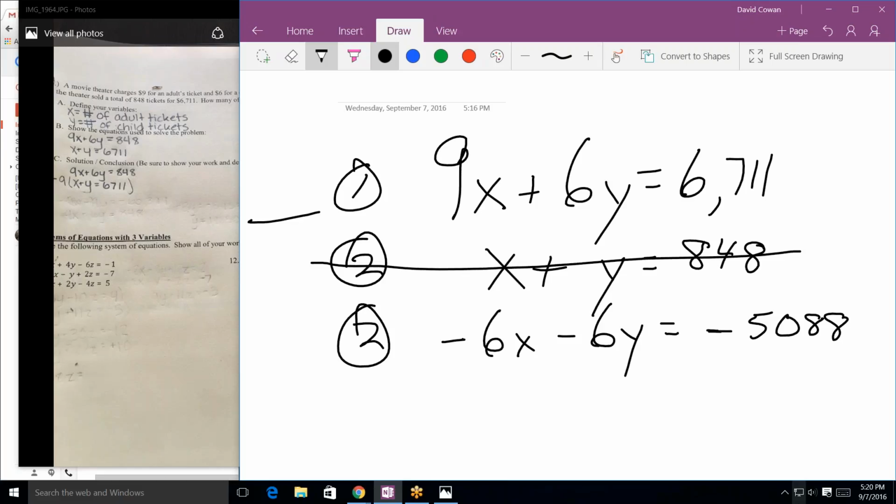Otherwise, you're just bombarded with equations in your face and it's confusing. Now what? Now we would add. So it would be 3x is equal to, what is that? Hold on. 600.